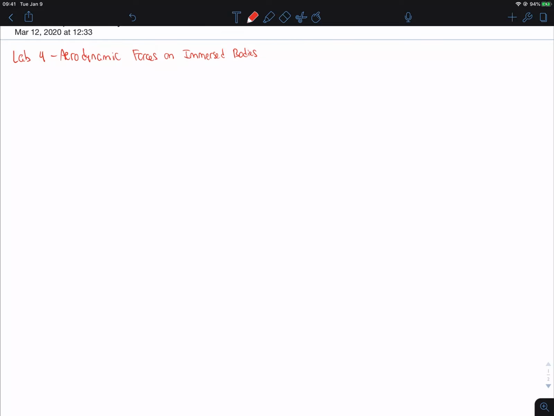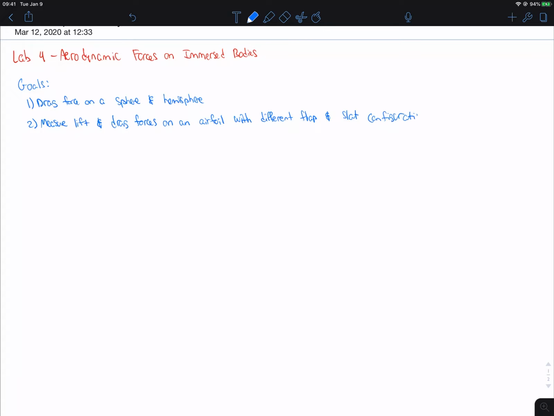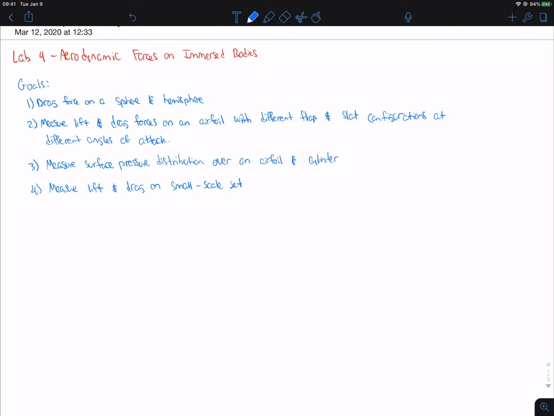So let's specifically write out the goals for this experiment. Okay, so I've written out all the goals that we have for this experiment. We have quite a lot here that we have to do. So the first one, we want to look at the drag force on a sphere and a hemisphere.